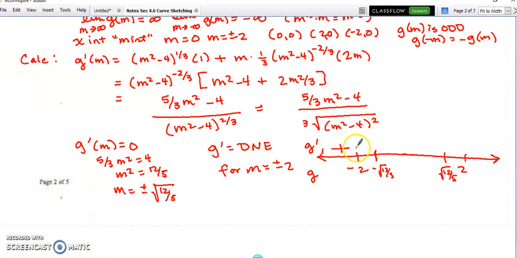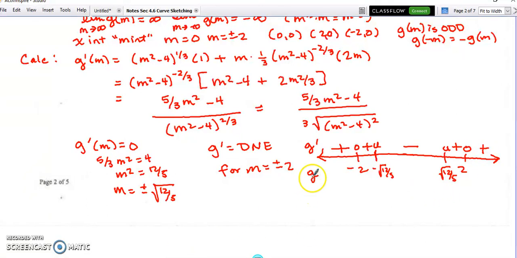Then we had our 0, we had our undefined here, undefined there, and 0 there. Picking a value in between, this is where we might just pick the calculator out and take a look at it, but it's going to end up being plus here. I'll leave that for you, minus in here, and then plus and plus.